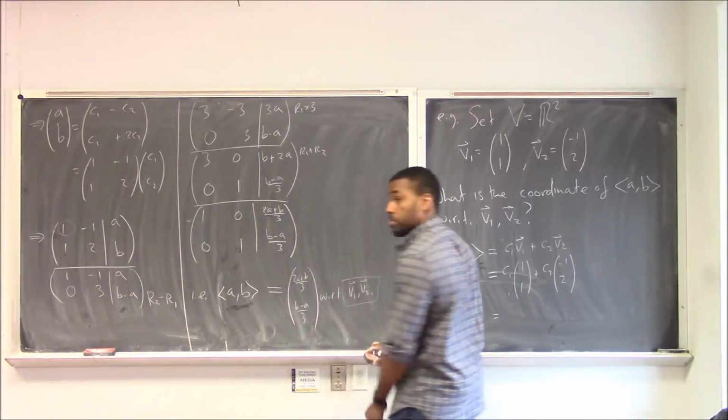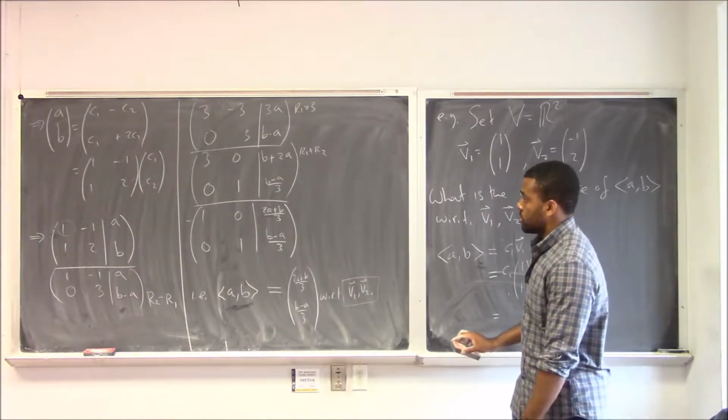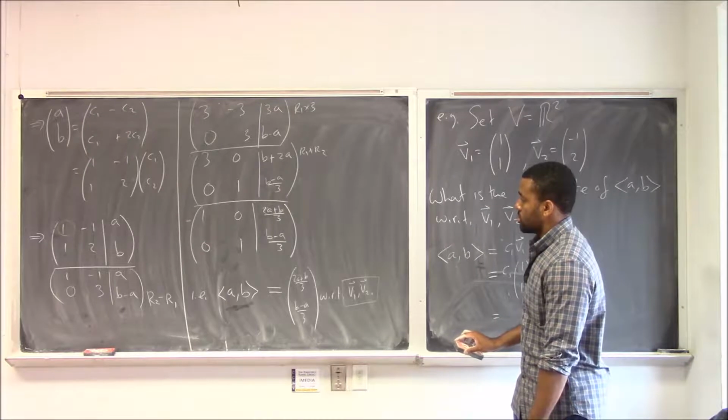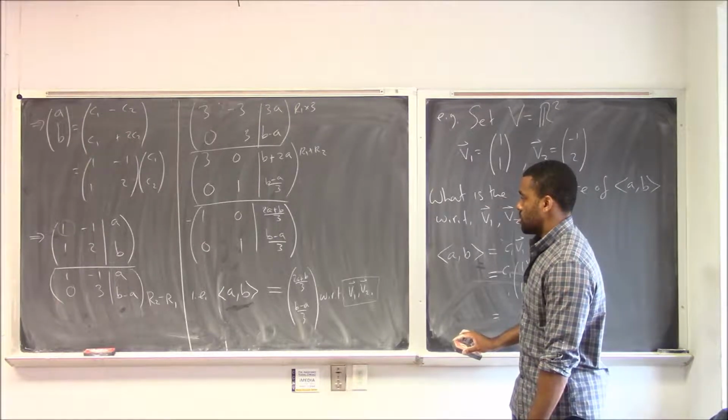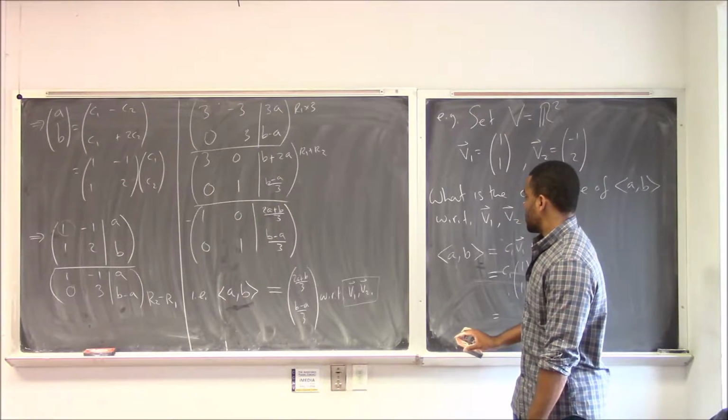Well, did you not just solve for C1 and C2, not A and B? If you have A equals 2A plus B over 3, and B equals B minus A over 3.